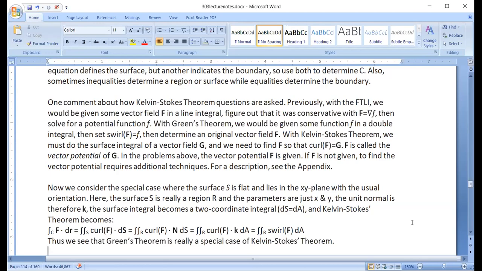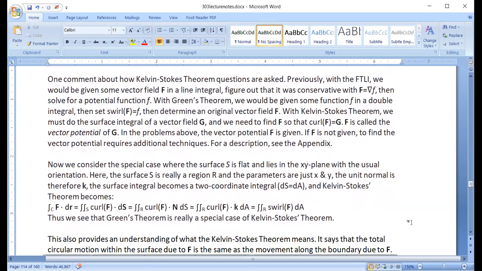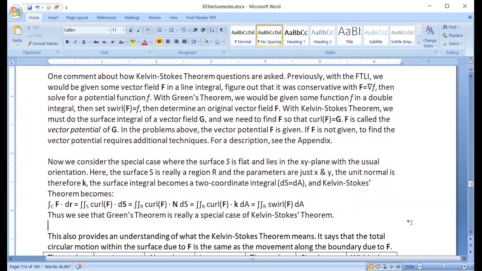So knowing that Kelvin-Stokes theorem is like a general version of Green's theorem, we can use that to help us understand what Kelvin-Stokes theorem is saying by just remembering that it's sort of like a higher dimensional, fancier version. So remember that swirl is like two-dimensional circular motion and the curl measures three-dimensional circular motion, remembering back to what these vector field operators represent.